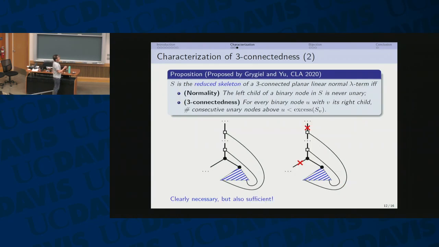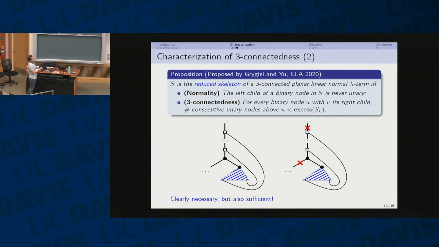So now the real characterization of free connected terms. A unary-binary tree S is the reduced skeleton of a free connected term if and only if the following two conditions are satisfied. The first one is the normality condition, saying that the left child of any binary node must never be unary. Why?